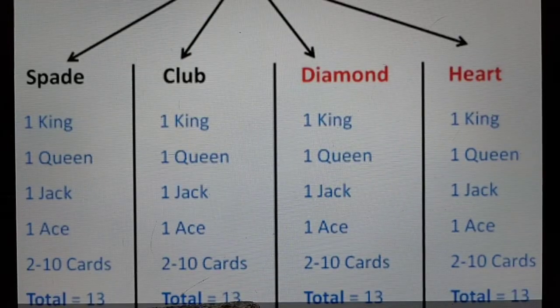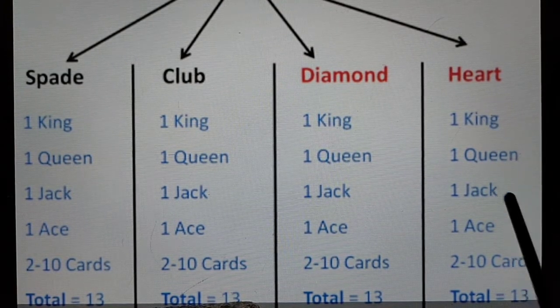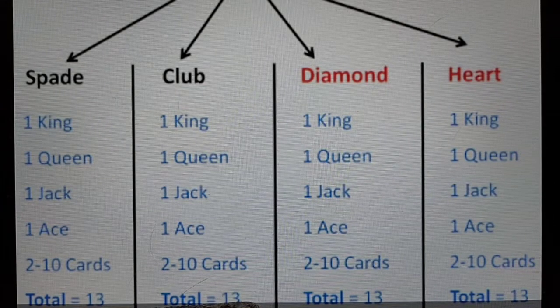After that one king, one queen, one jack, one ace for everyone, see the distribution for 13: the other 4 cards are these. Now 2 to 10, that is 9 cards, are the number cards. So overall the total is 13 cards for the heart, 13 for the diamond, 13 for the club and 13 for the spade. This is basically the distribution of the cards.